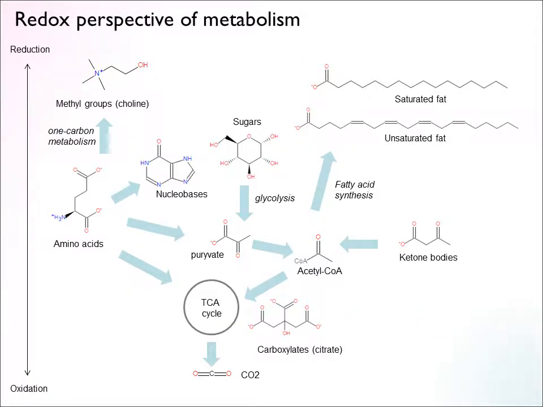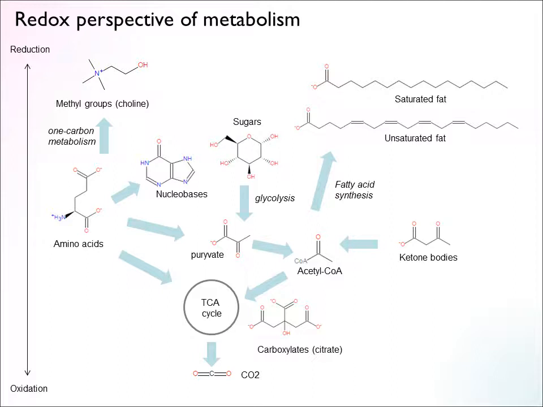We can also think of this from the perspective of metabolism. So redox gives us a way of looking at and organizing metabolism on an axis from a reduced state of metabolites to an oxidized state. And actually, I think many of the metabolic pathway charts that you see are drawn with this in mind.